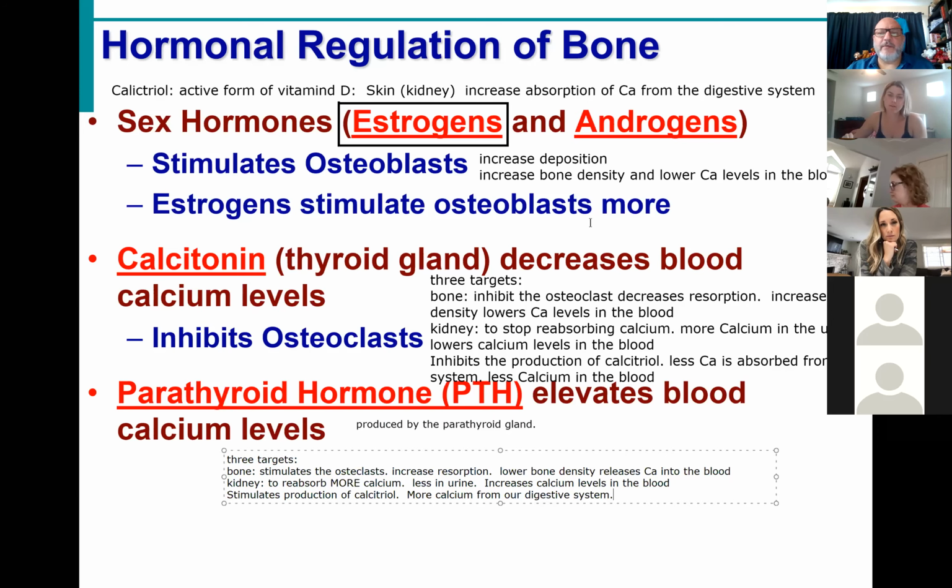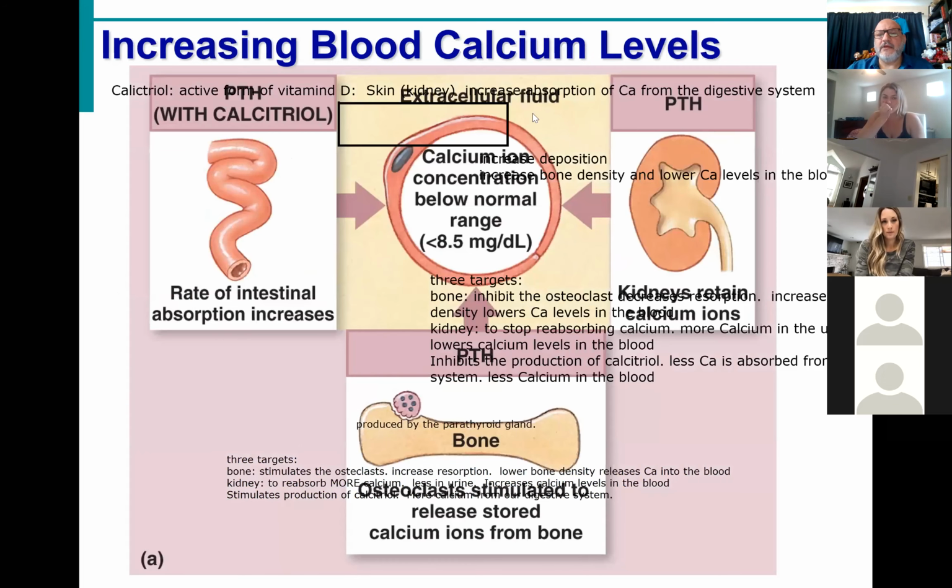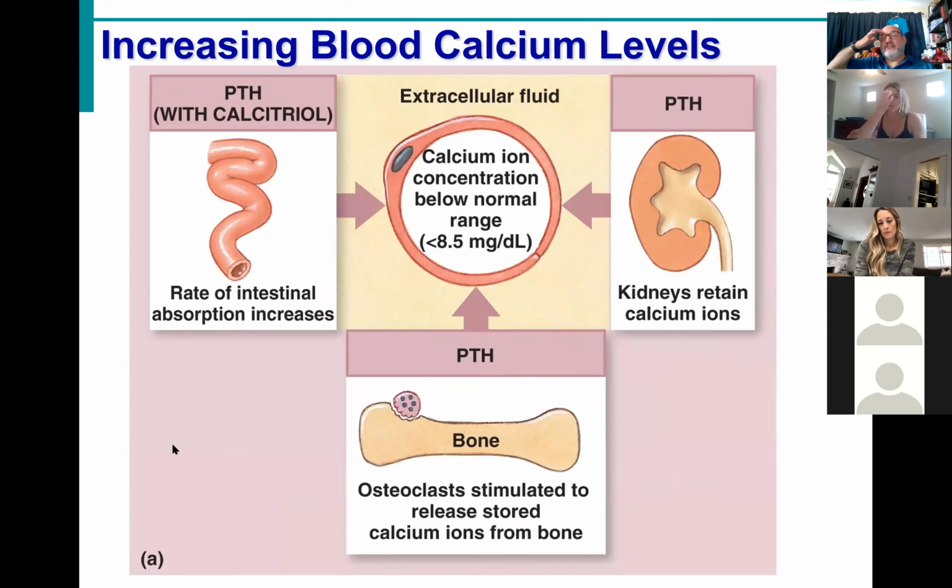All right, I have a pretty picture, two of them, that actually do a really great job of showing this. Let's go ahead and clear this and show this. And there's 2 points I want to make about this. So again, here is what happens if our calcium levels are too low. Parathyroid hormone is released.